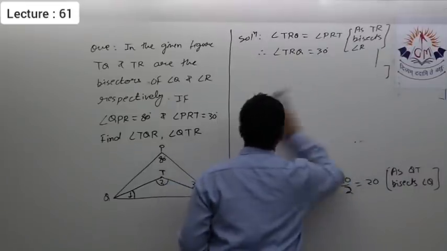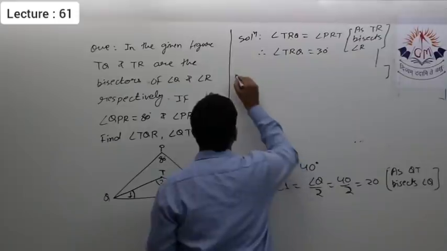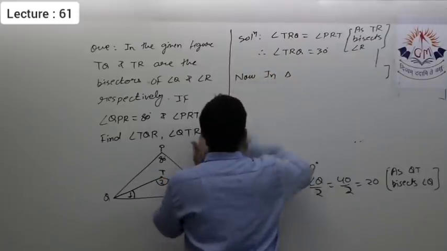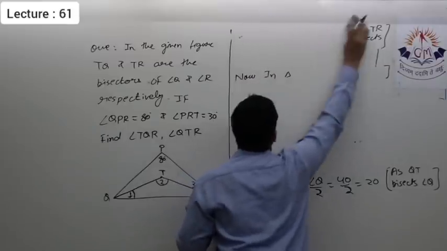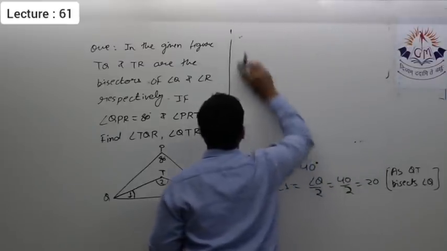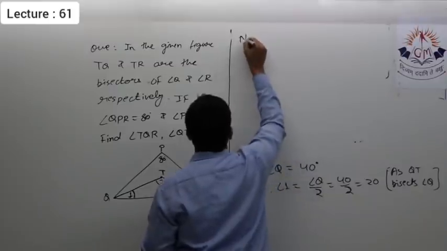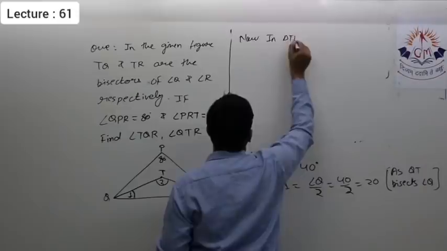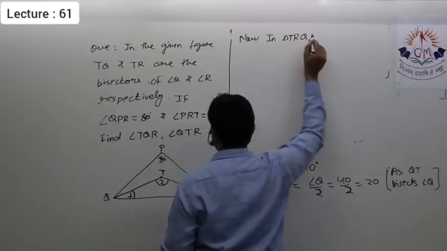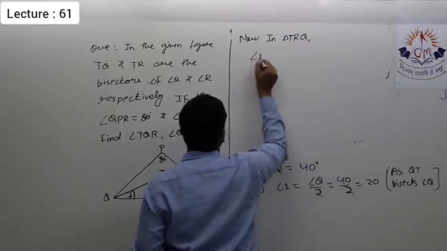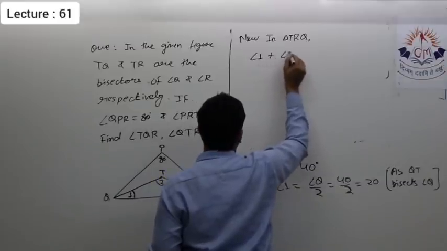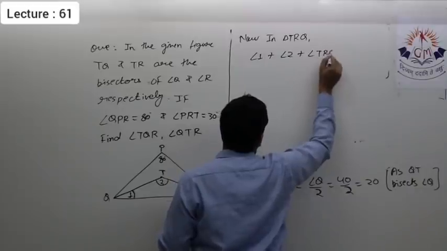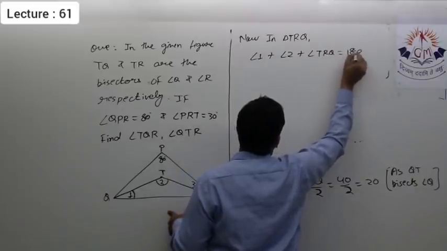Okay, so now in triangle TRQ, angle 1 plus angle 2 plus angle TRQ is equal to 180 degree.